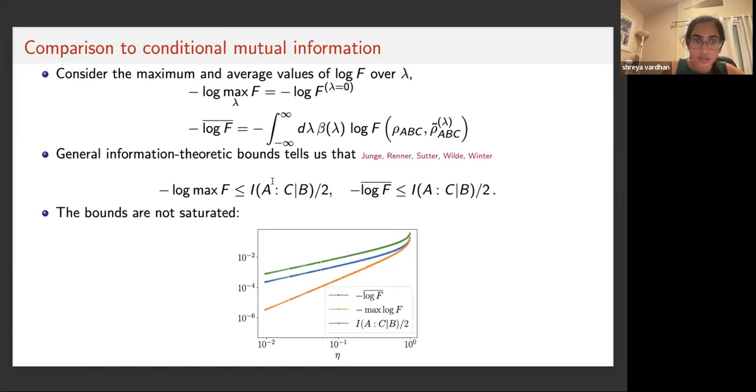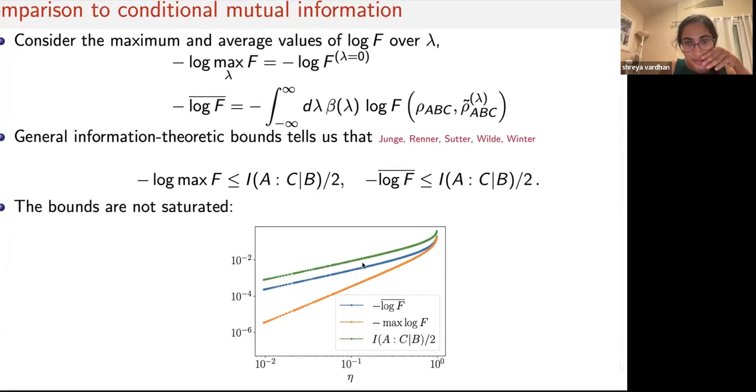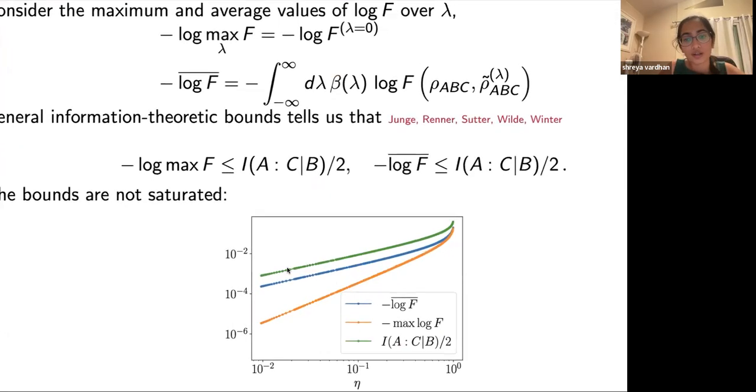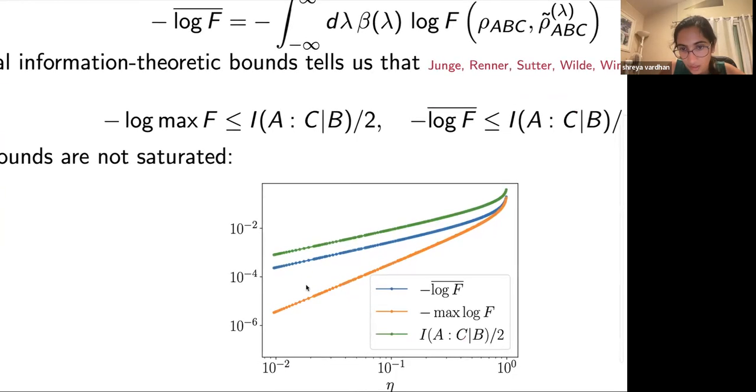The information theoretic bounds tell us that both minus log of the maximum fidelity and the average of minus log of the fidelity are upper bounded by the conditional mutual information over 2. What we see in this plot is that these bounds are both not saturated. One interesting thing is that the average and the maximum have qualitatively very different behaviors.